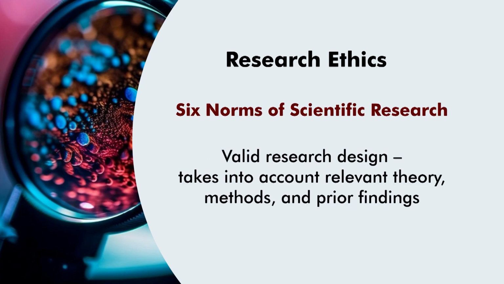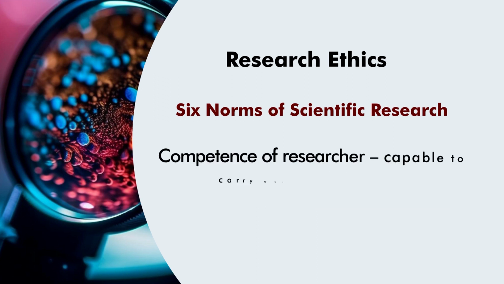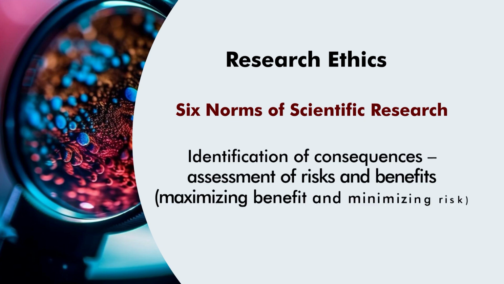The first one is valid research design, which considers relevant theory, methods and previous findings. Competence of researcher: ability to carry out procedures, determining consequences, balancing risk and benefits, maximizing benefits and minimizing risk.